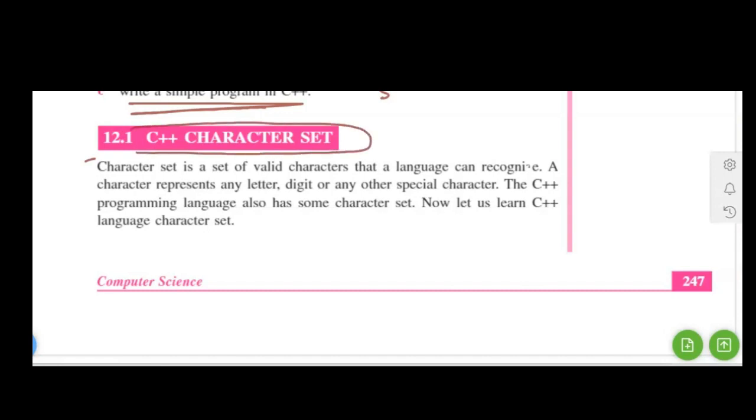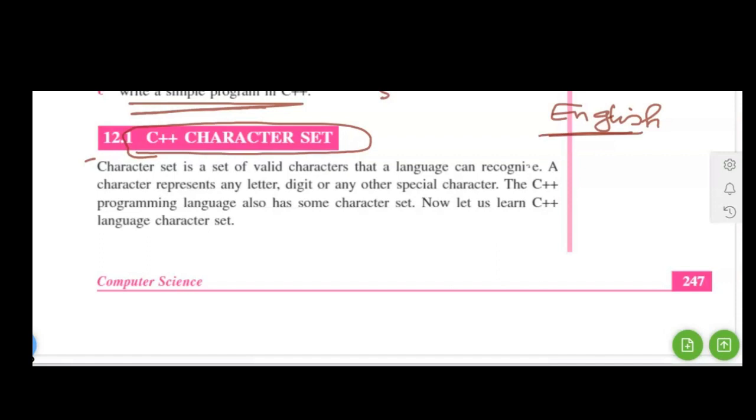What do you understand by C++ character set? So this is a programming language. Just leave it for a time and know that English is a language that most of us know, or Hindi is another language, or so many other languages are available to us. Let's take English as an example.